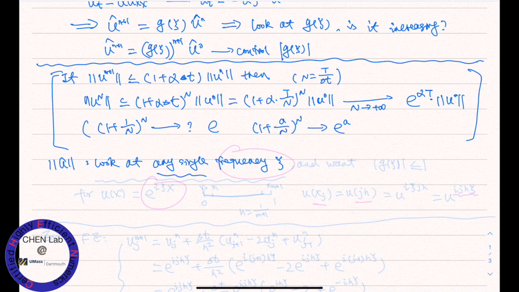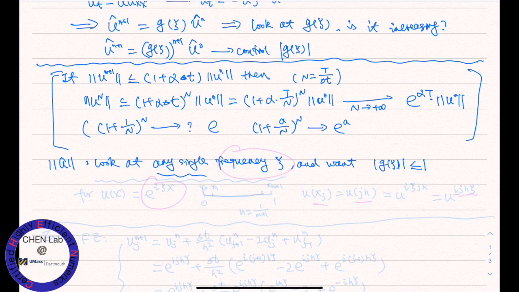All right, and we want the G(c) to be less than 1, right? Less than or equal to 1. Again, this is only a sufficient condition. If this is less than or equal to 1, then the final step norm is less than or equal to the initial step norm. All right.